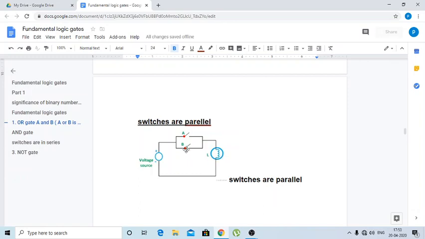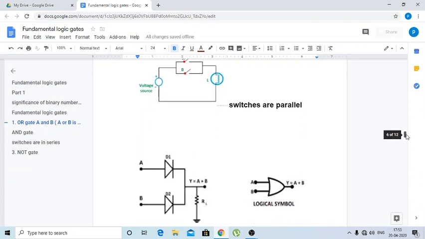Or switch B is open and A is closed. Then the input signal passes through A and the output is high and the bulb glows. It means if any one of these two switches is closed, then the signal passes through it. So either A or B should be high.